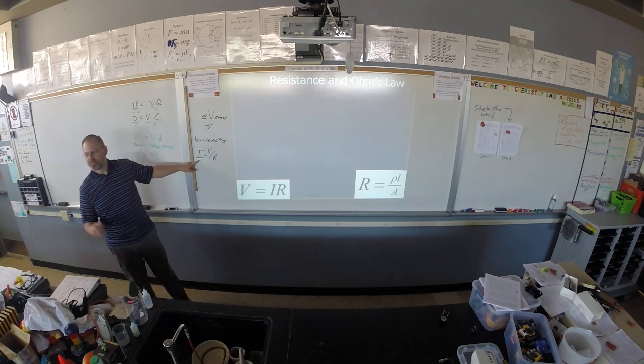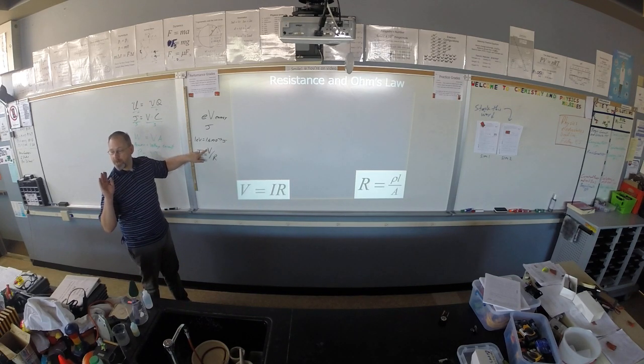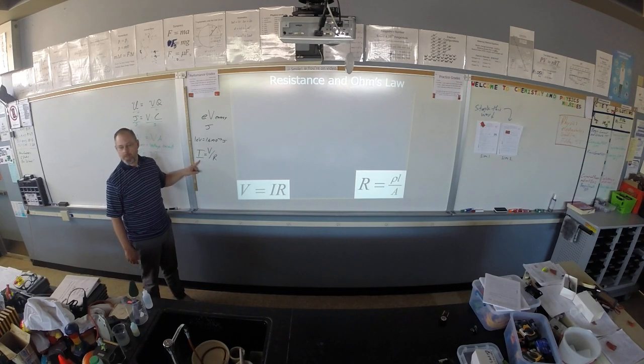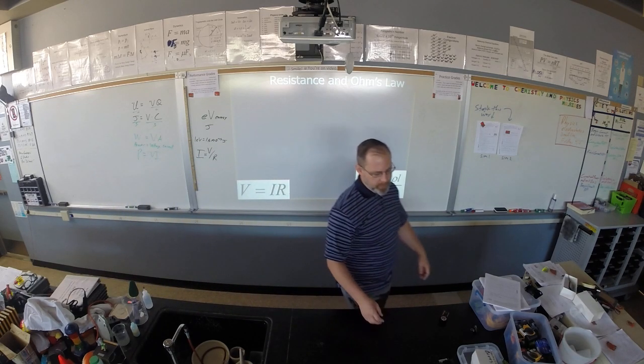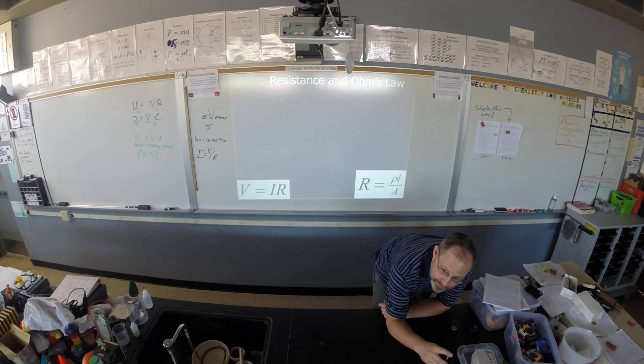So current is the speed of the charged particles. The bigger the cliff the water's falling over, or the stronger the pump, the more current you're going to get. But when things get in the way, you're going to get less current. Make sense?